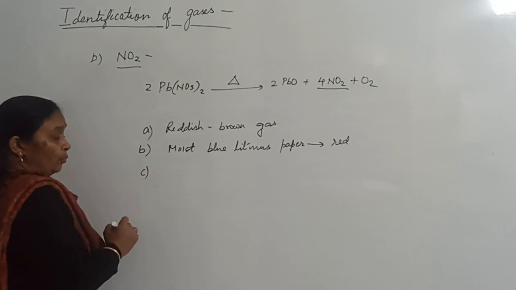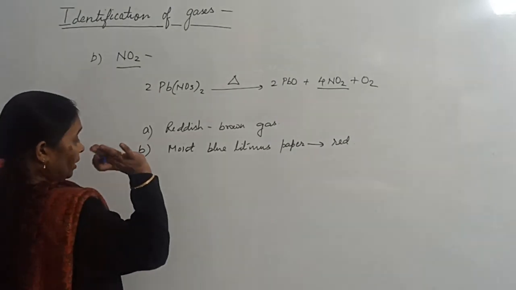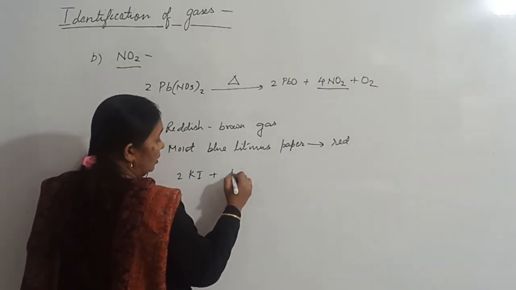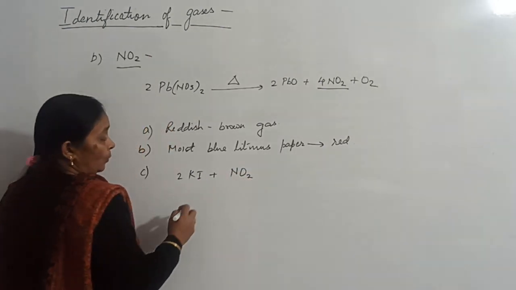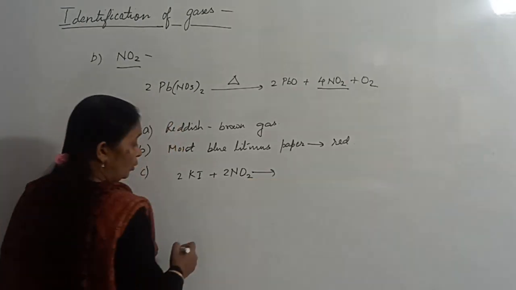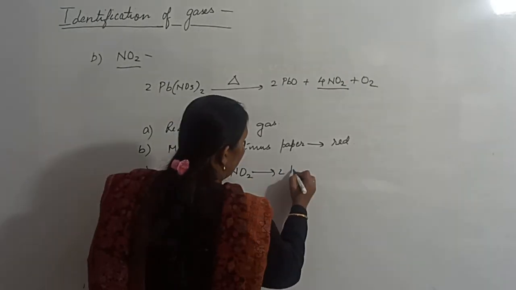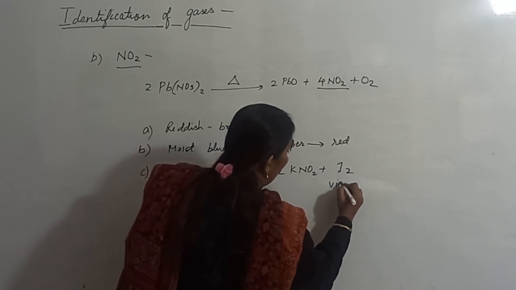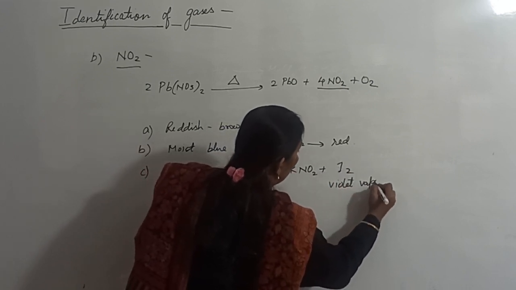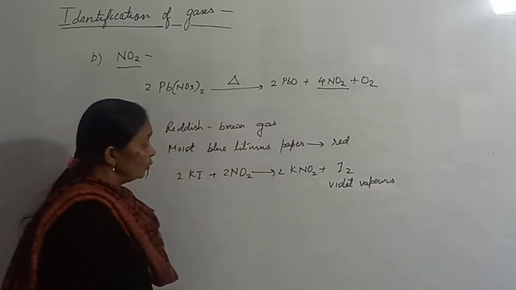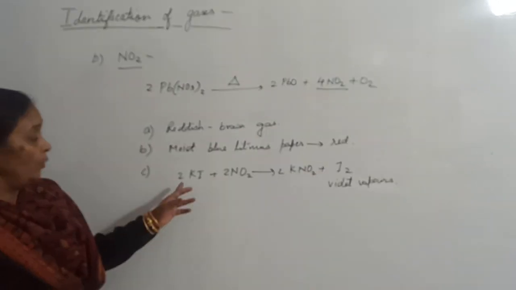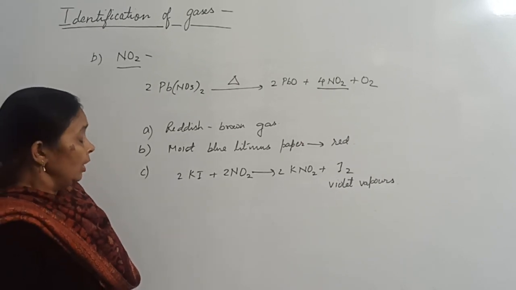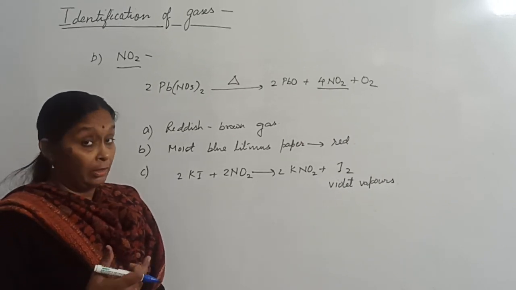If you bring this gas in contact with potassium iodide, potassium iodide and nitrogen dioxide react to form 2KNO2 and iodine. So you will see violet color vapors of iodine being released, or if you bring potassium iodide paper in contact with nitrogen dioxide, the color of the paper will turn brown.